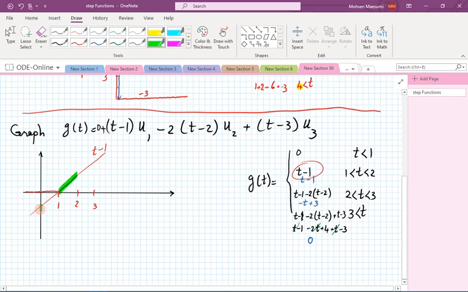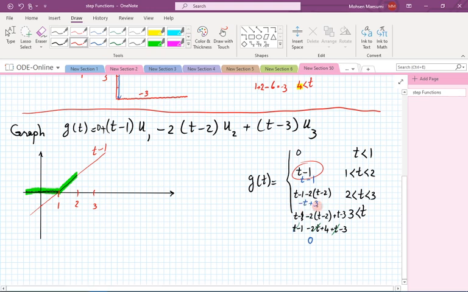So this section is not really part of the answer, because for times lower than 1 we were at 0. So so far we are going at 0 and then going up. The rest of this thing doesn't apply either, but I just drew it so that you see the whole picture. Then from 2 to 3 seconds, that is from here to here, we have a graph of minus t plus 3. Well, what does that one look like? Minus t plus 3, well, that's another straight line.